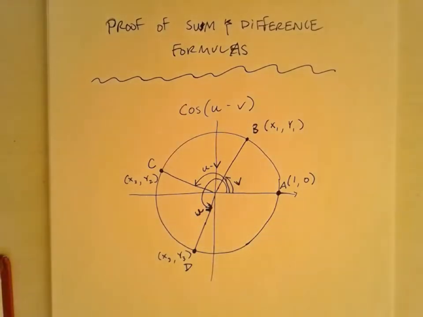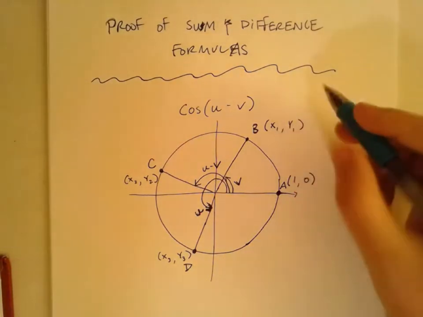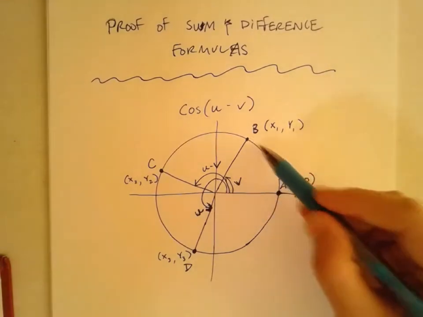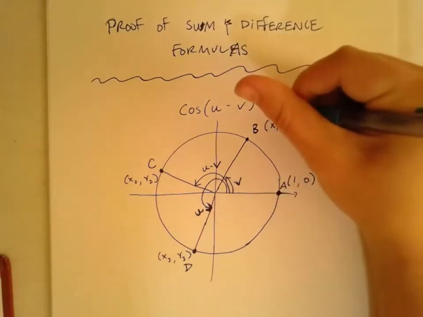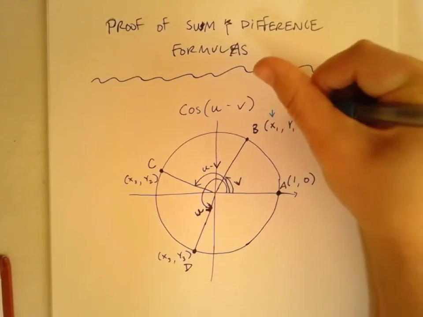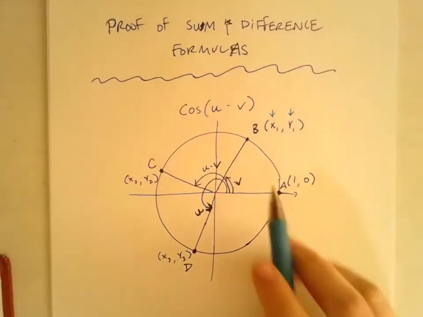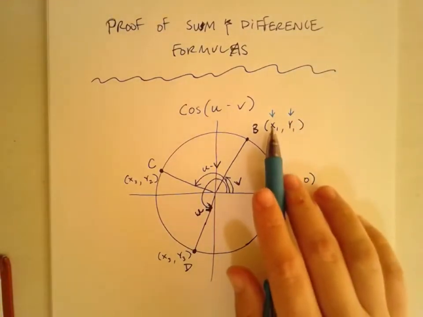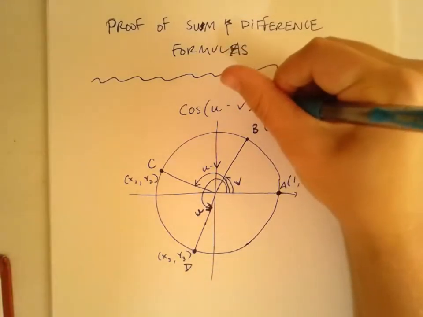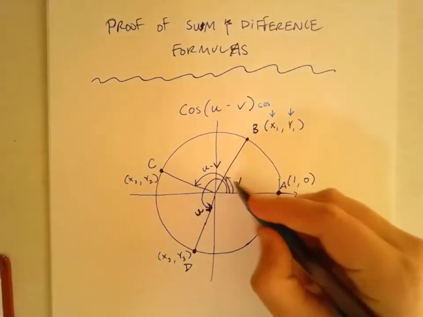And furthermore, what I want to remind you guys of, this will be important later on in the problem, is that if I have a coordinate on my unit circle like this, that means I also have a cosine and a sine, right? So what I have here at x sub 1 is cosine of that angle.